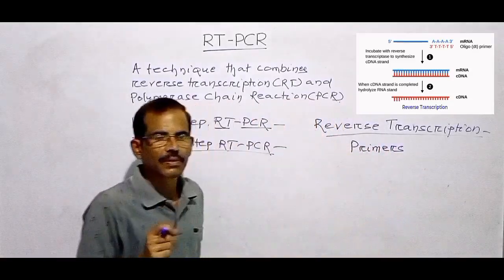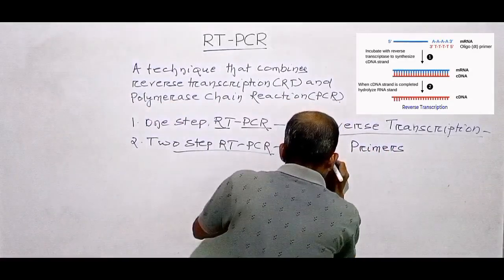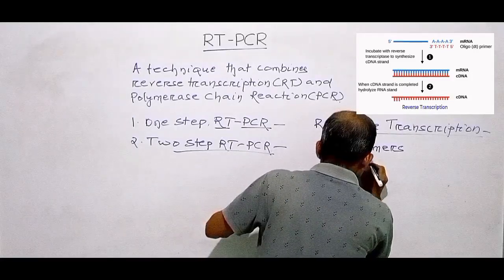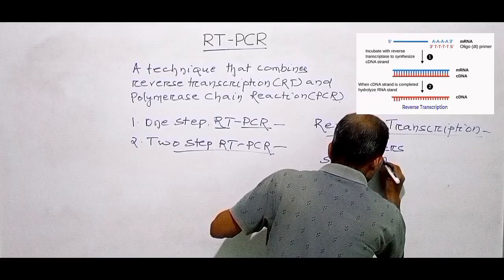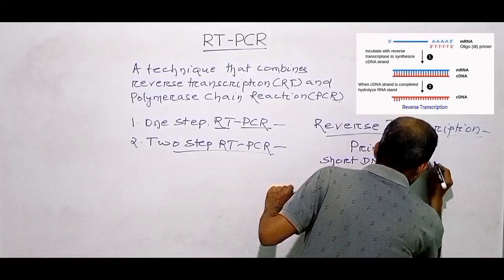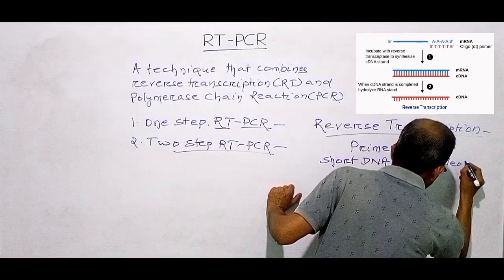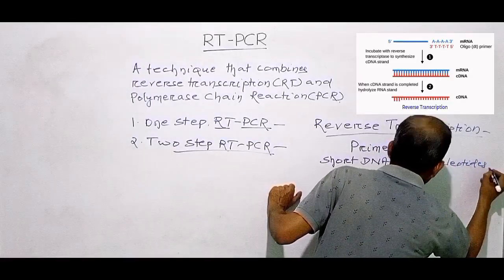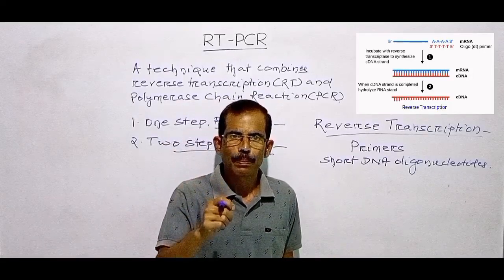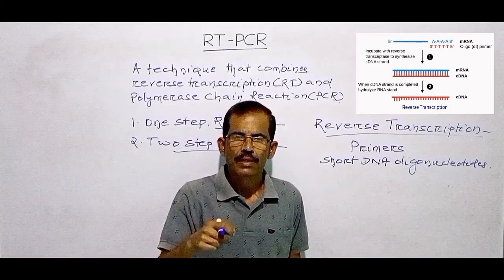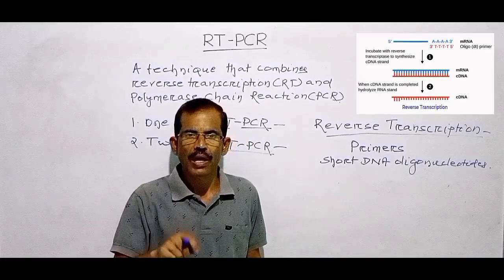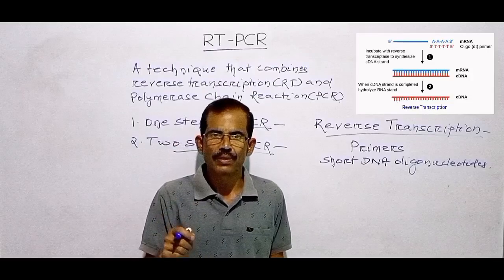What is a primer? Primers are short DNA oligonucleotides. Primers are paired to the RNA template and provide the starting point for the addition of successive nucleotides by reverse transcriptase.